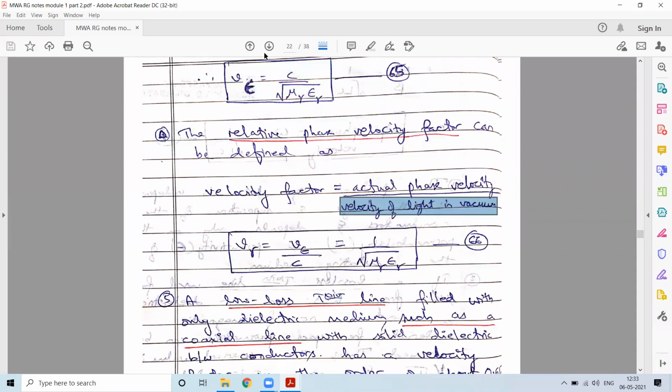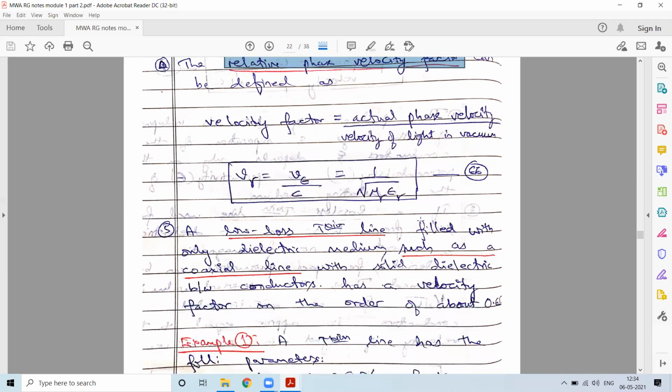So when I consider both parameters, Vf is the actual phase velocity divided by the velocity of light in vacuum, which will be equal to 1 by square root of mu r into epsilon r. This equation gives you the relative phase velocity factor.